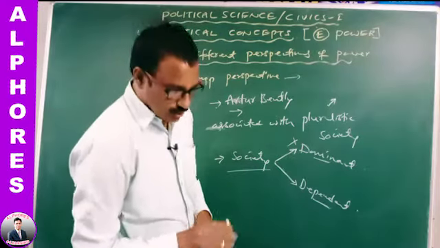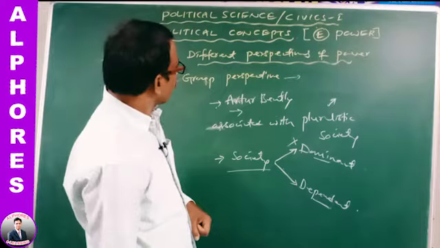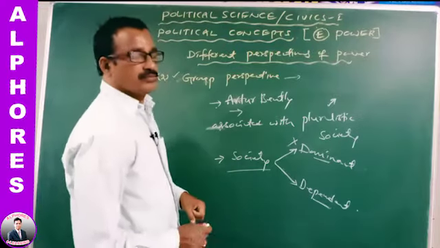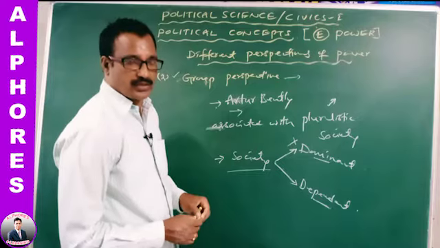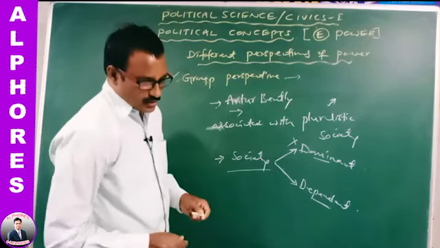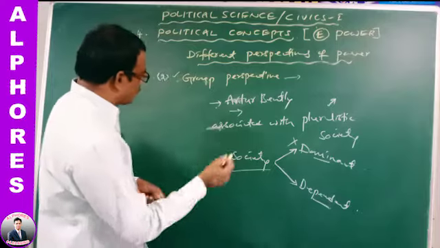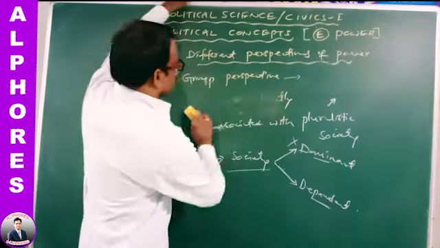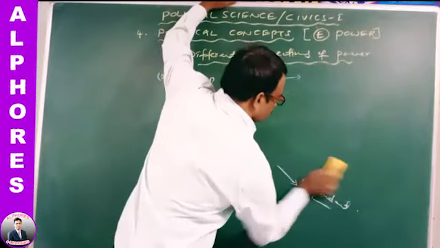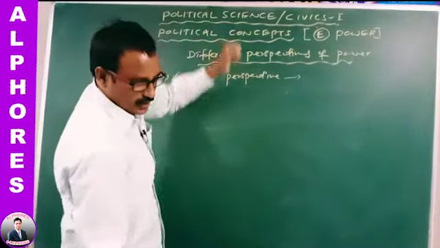Clear? So there are so many associations in the society. So what type of organizations are there? The organizations like peasants. Clear?